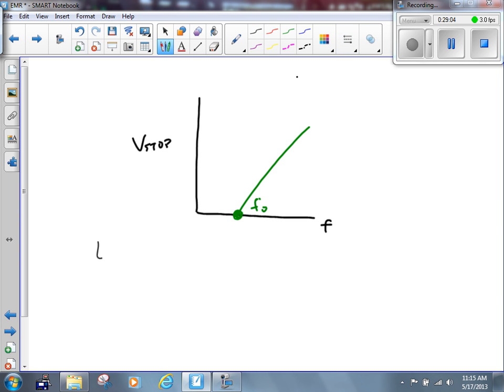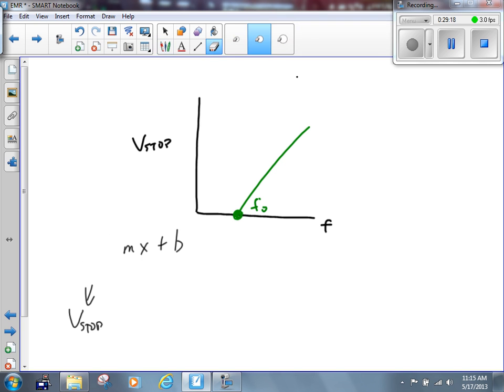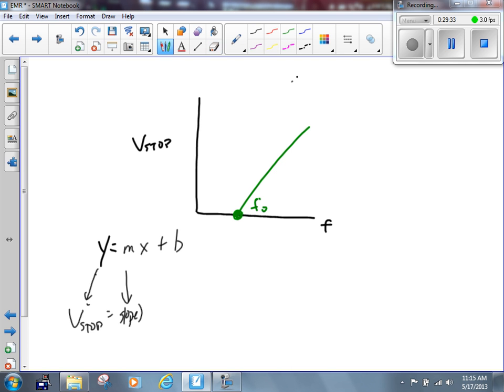For this one, we're going to say, once again, y equals mx plus b. On the y-axis this time we have V stop. On the x-axis, sorry, m represents the slope. On the x-axis, we have f.